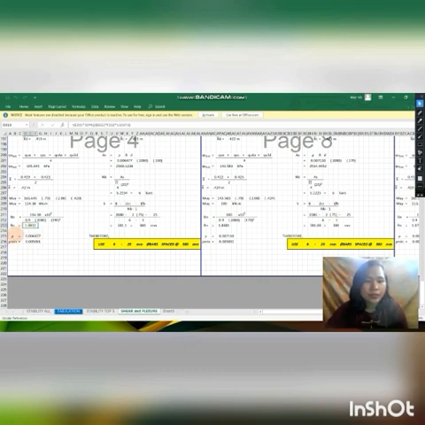So for our rho, substituting the values of Rn, F prime C, and Fy into our formula, we will arrive at the answer of 0.006477. For our rho min, it is the same, 1.4 all over Fy, so it will be equal to 0.00509.